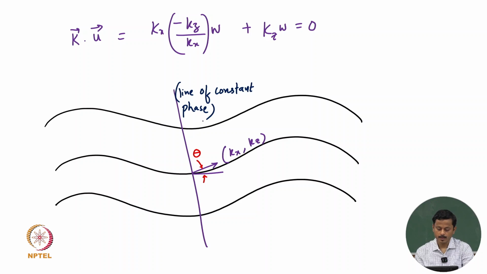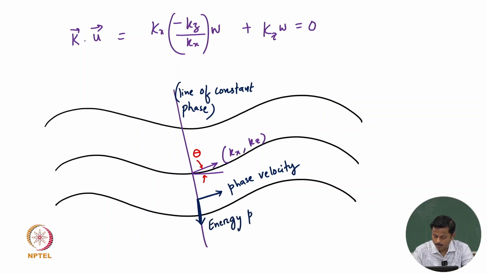The solid line that I have drawn is a line of constant phase, and this is the direction of the phase velocity, and the direction which is perpendicular to the phase velocity is the direction of the group velocity, and this is the energy propagation direction.